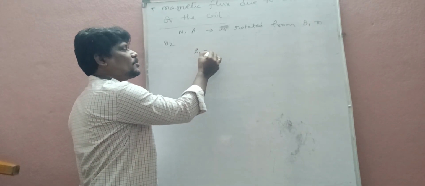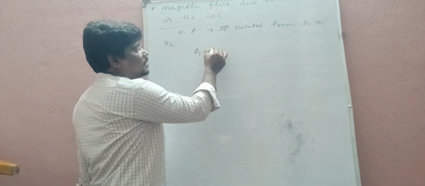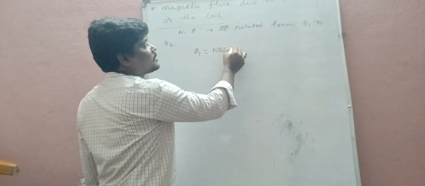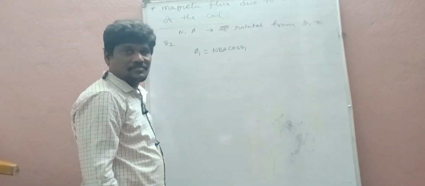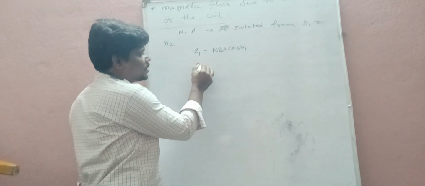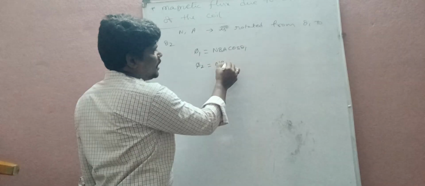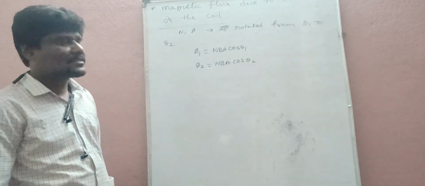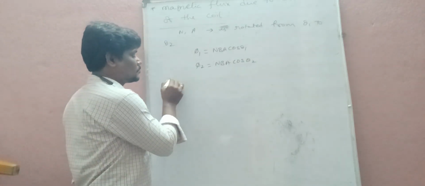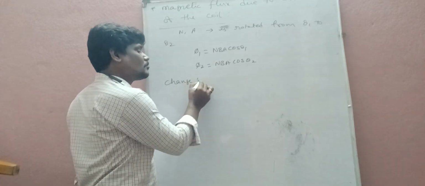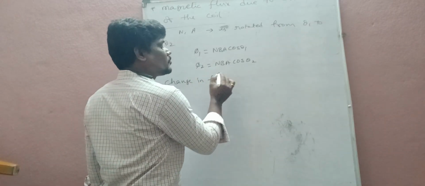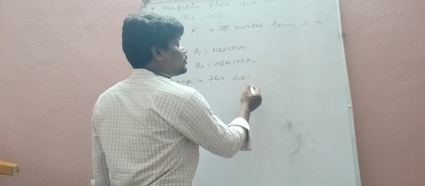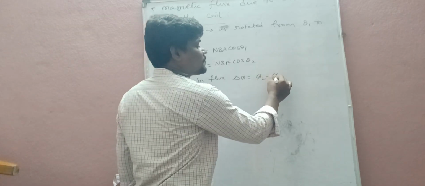Initial flux phi 1 equal to NBA cos theta 1. Final flux phi 2 equal to NBA cos theta 2. What is the change in flux? Change in flux is delta phi equal to phi 2 minus phi 1.